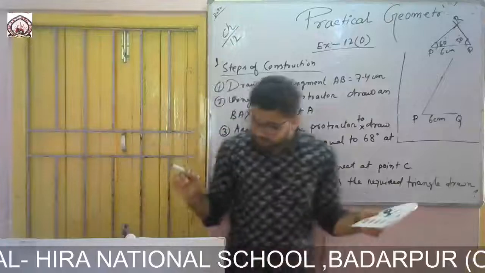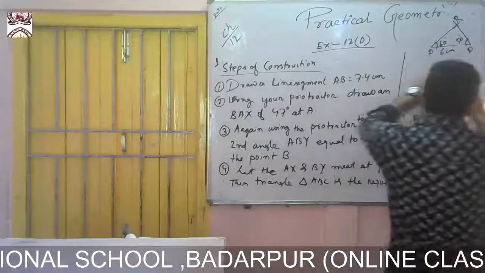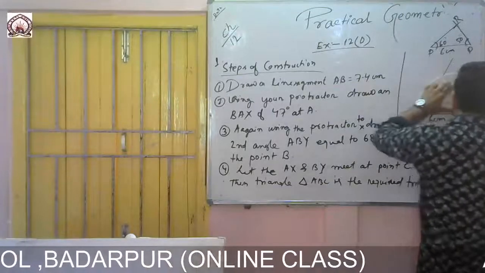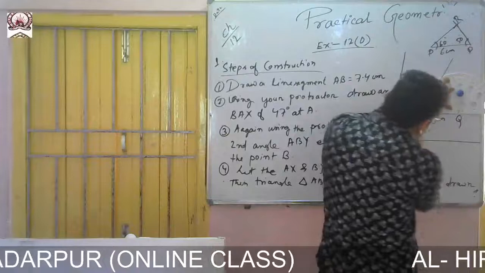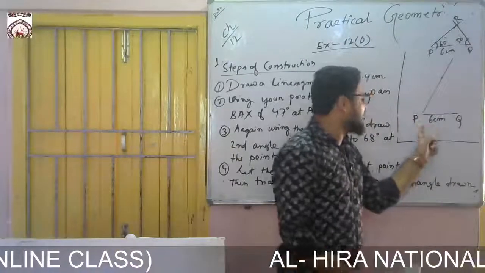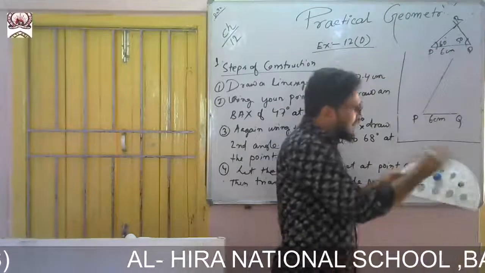So angle Q equals 50 degree. Whenever you are taking the left point of the triangle, start counting from right to left.